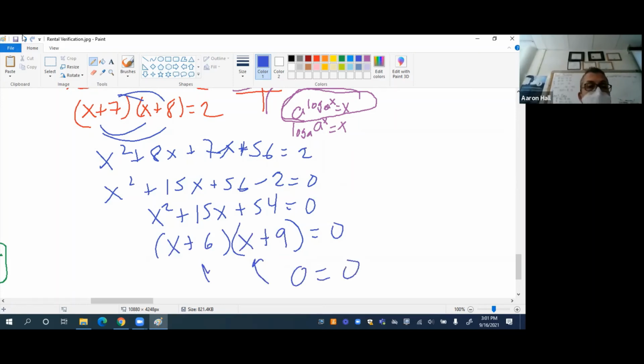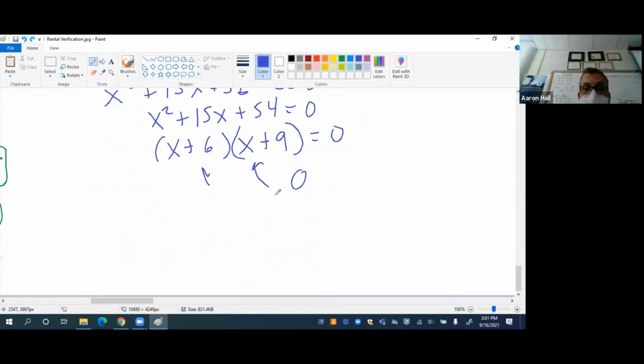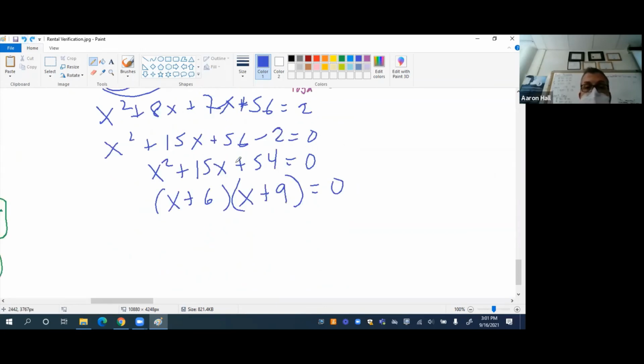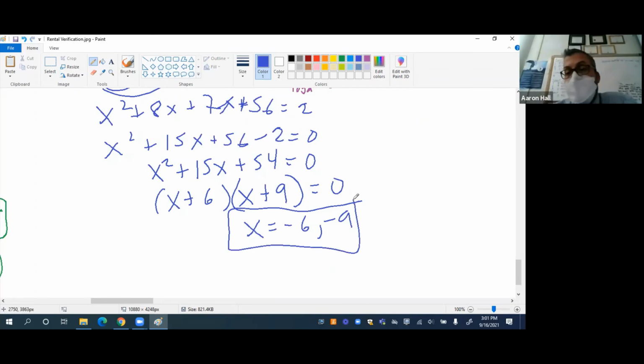That's so much easier. It would take me a long time to figure out what are these to give me 2. But this is a lot easier. Okay, what are my x's? -6 and -9. Now, honestly, up until yesterday, these were the answers.